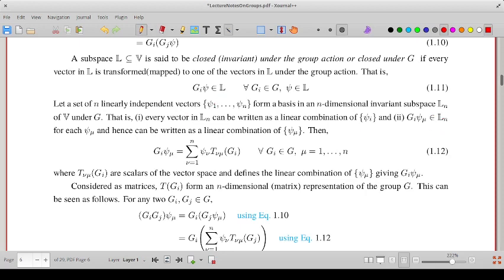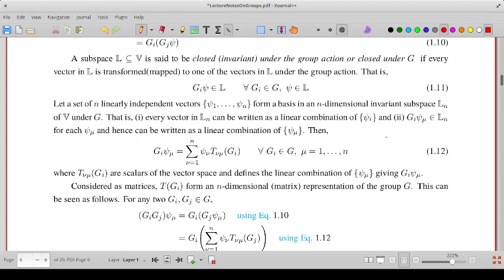And secondly, since Ln is an invariant subspace under group action, and the vectors psi mu are elements of the vector space Ln, the action of any group element gi on psi mu results in a vector in Ln itself. So gi psi mu is also an element of Ln for every mu and for every gi.